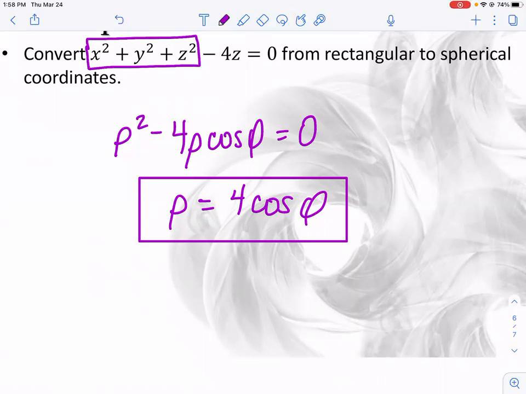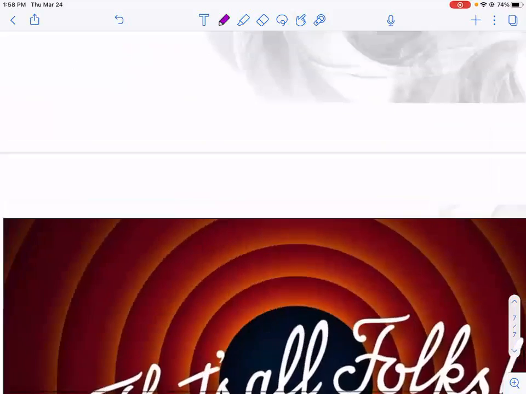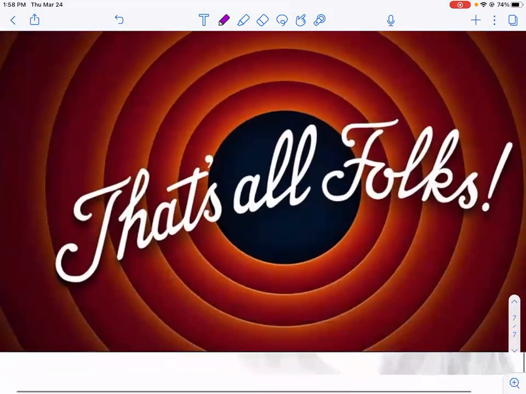If we complete the square, we have a sphere. So we can figure out that the center is at 0, 0, 2 with a radius of 2.